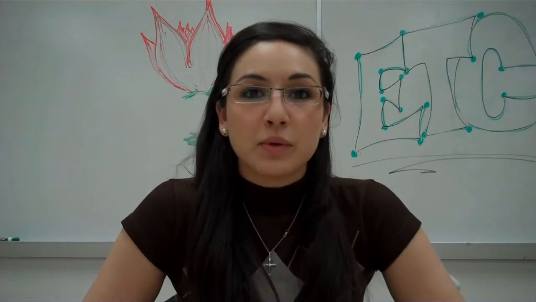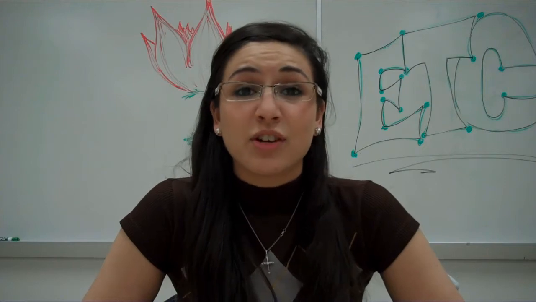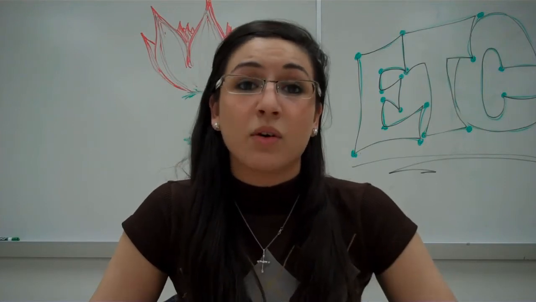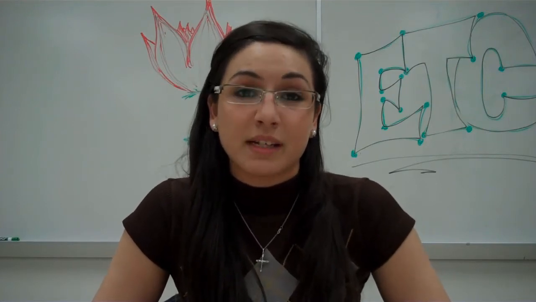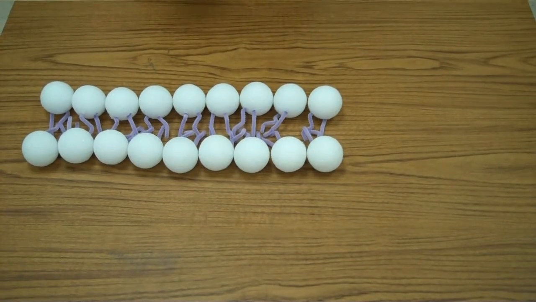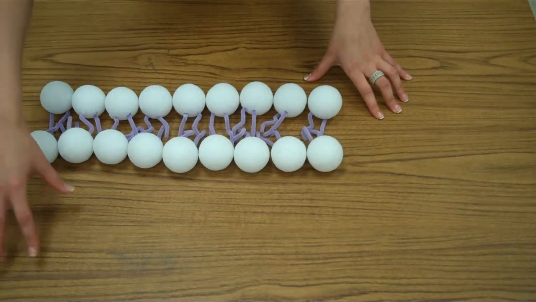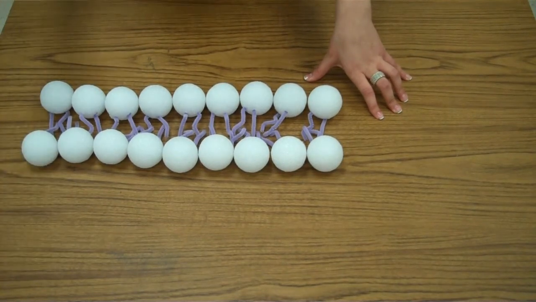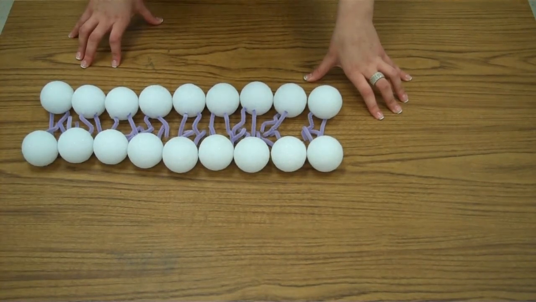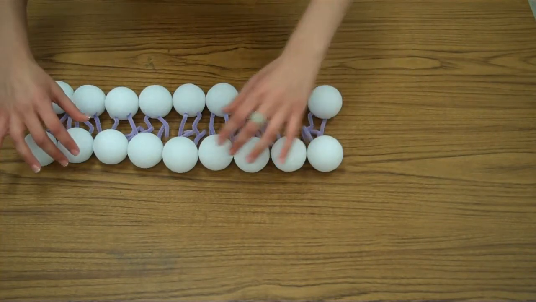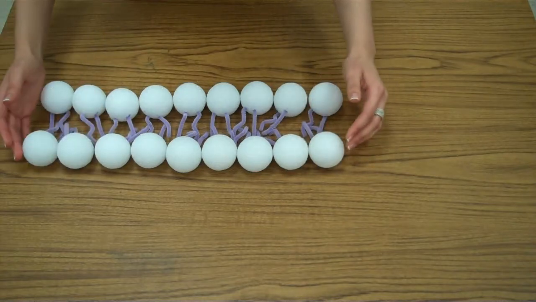So now that we've reviewed glycolysis, the Krebs cycle, and the electron transport chain, let's try and make a model of the whole entire electron transport chain mechanism. So what we're looking at here is the phospholipid bilayer, which separates the mitochondrial matrix, this side, from the intermembrane space. Within the lipid bilayer, we have 5 membrane proteins. But before we get into that, let's first review briefly what makes up the lipid bilayer.